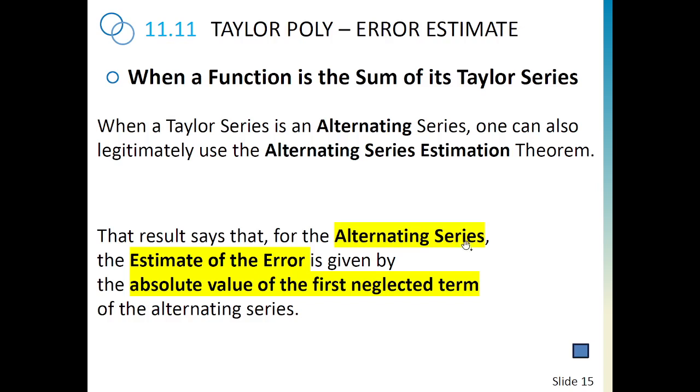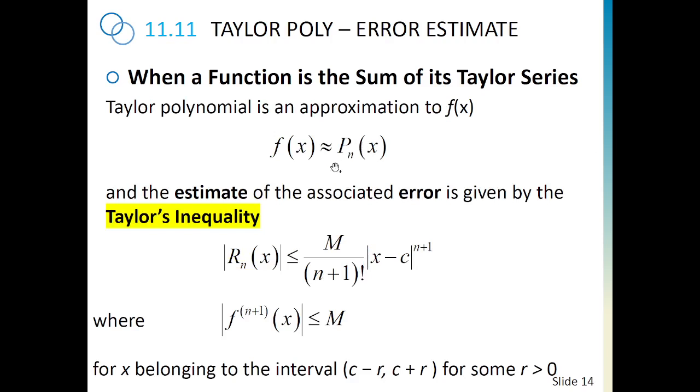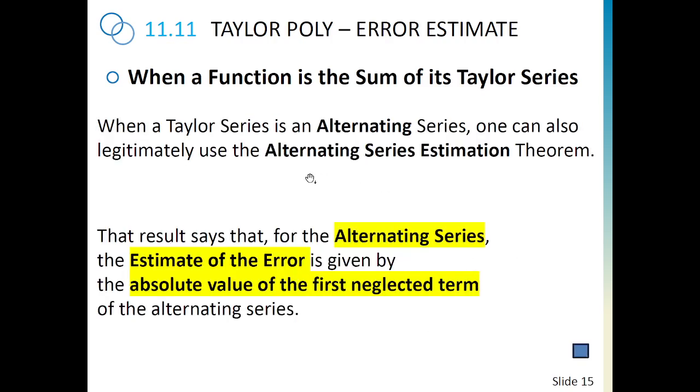There is an alternative when we have alternating series. So the Taylor's inequality is useful always, and we can always use it. There are no exceptions for that. However, when we have an alternating series, we can also use the alternating series estimation theorem, which basically says when we have an alternating series, the estimation of the error is given by the absolute value of the first neglected term in the series.